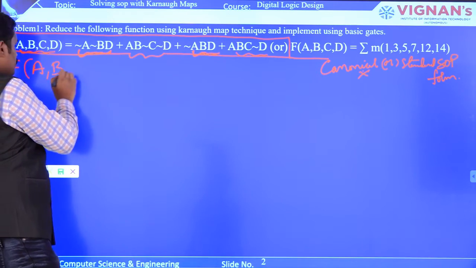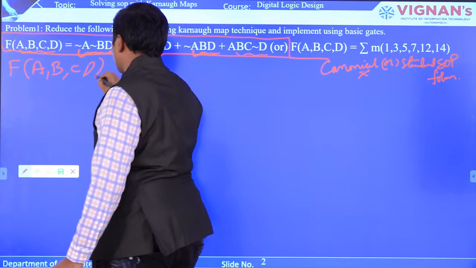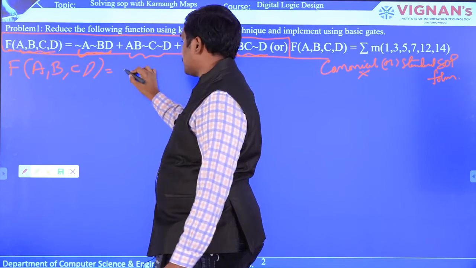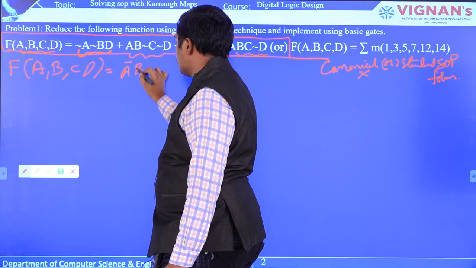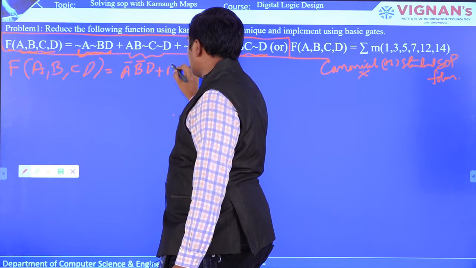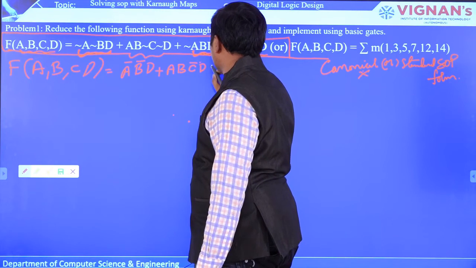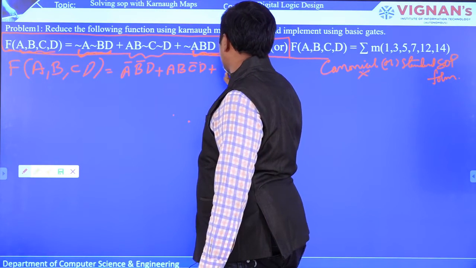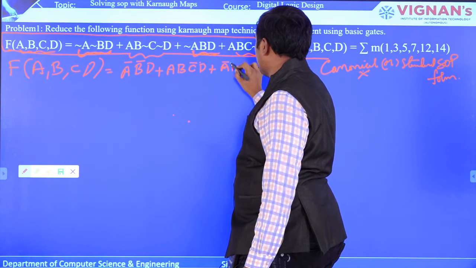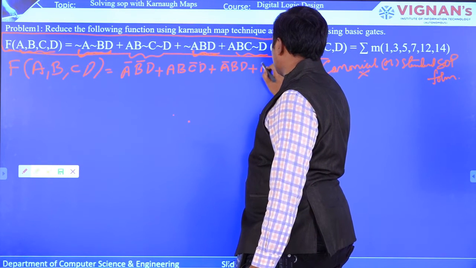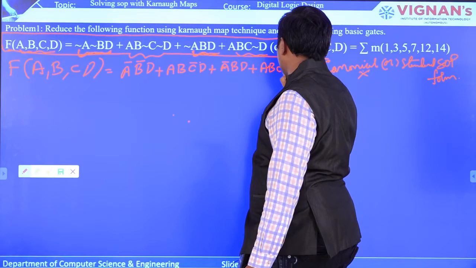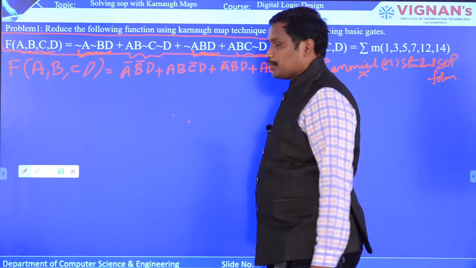So, F of A, B, C, D is equal to, we are writing the expression as A bar B bar D plus A B C bar D plus A bar B D plus A B C D bar. This is the expression given, right.